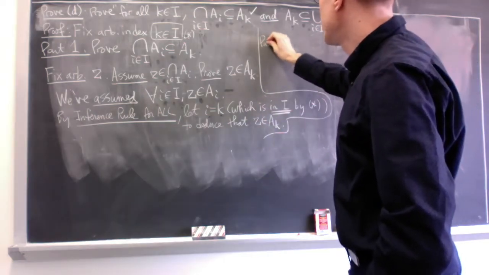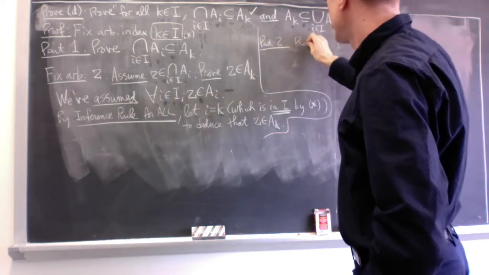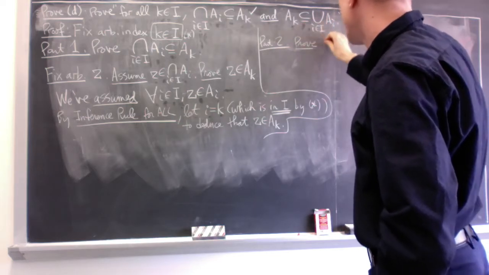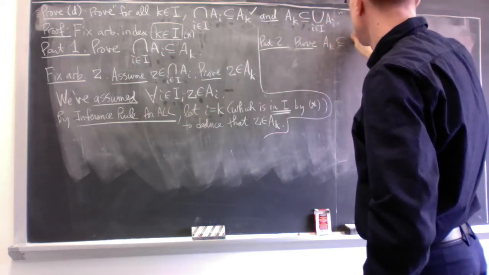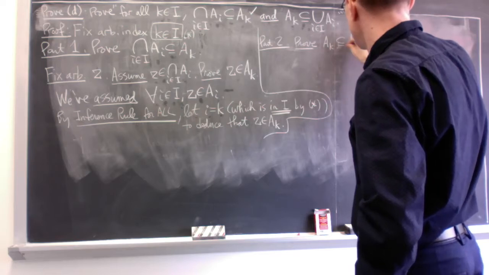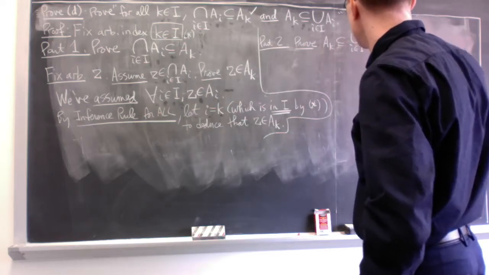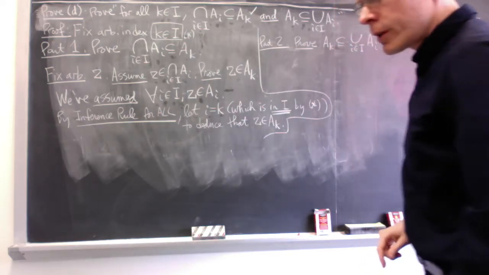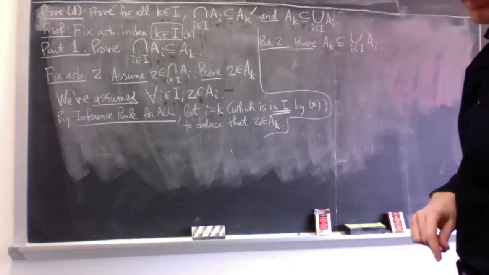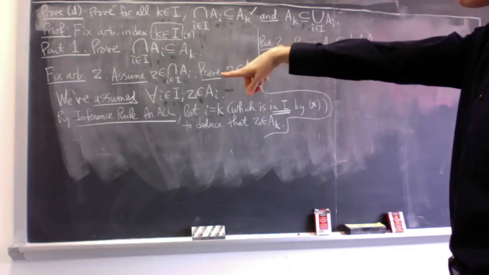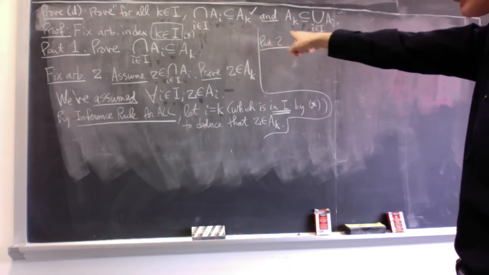Part 2. Prove this guy. So that's another subset statement. So we're going to do the subset template again. Although we could reuse the z, that's allowed. Part 2 is separate from part 1.